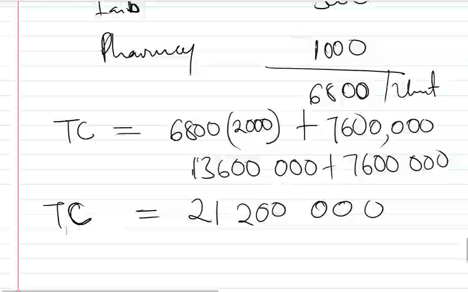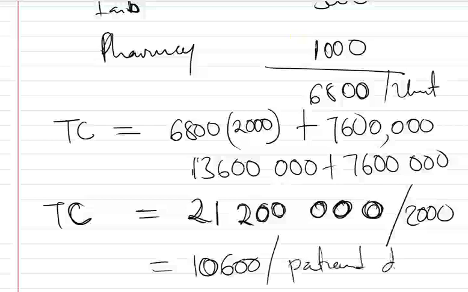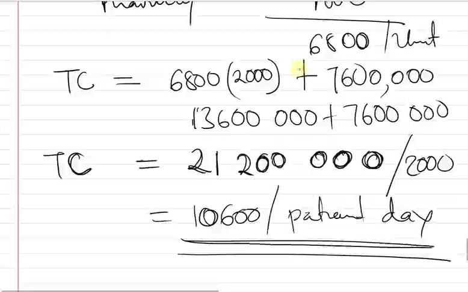So they'll just divide the total cost by the activity level, which is 2,000. The answer is 10,000 per patient day. So this is the cost they should charge if they are to operate as non-profit making, because they won't add profit on top of it.